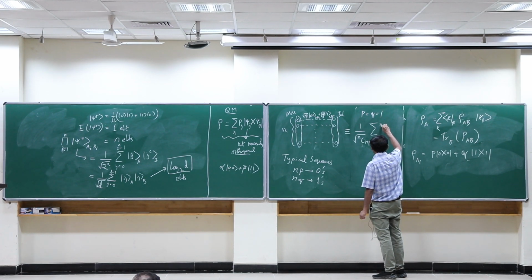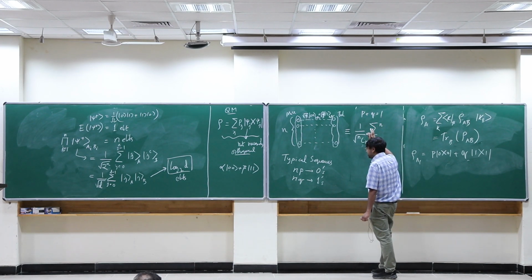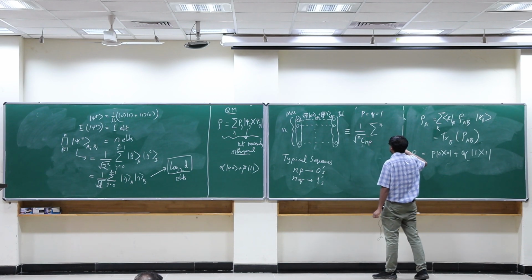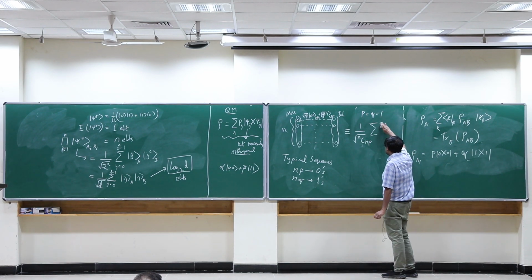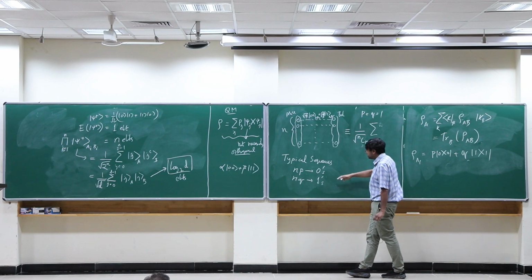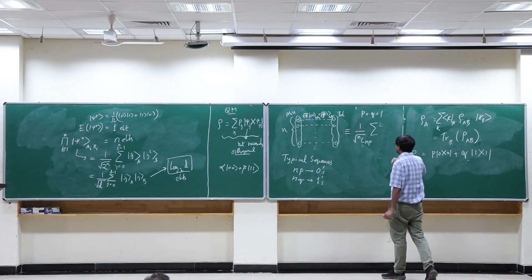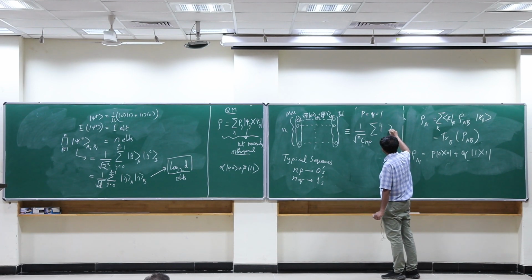So we have this many terms, and each term has np zeros and nq ones, and they are all equally there.